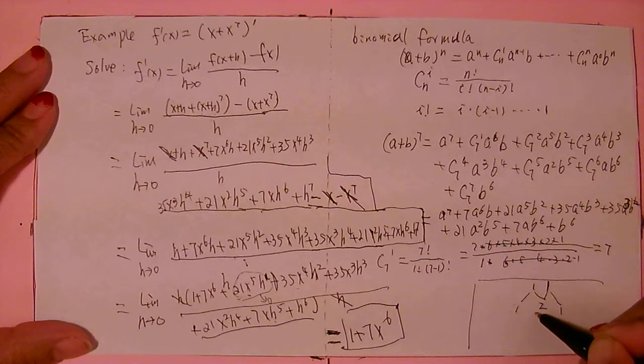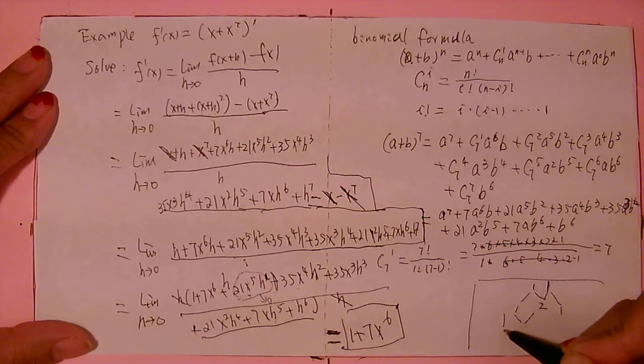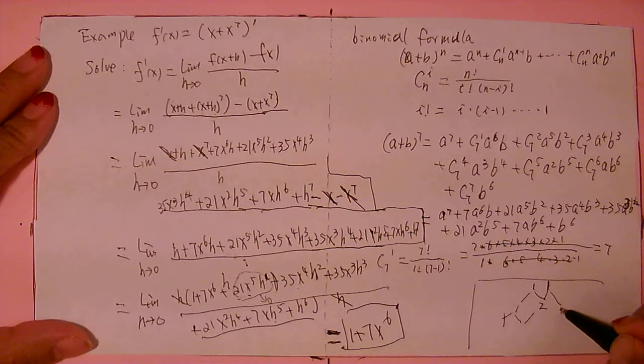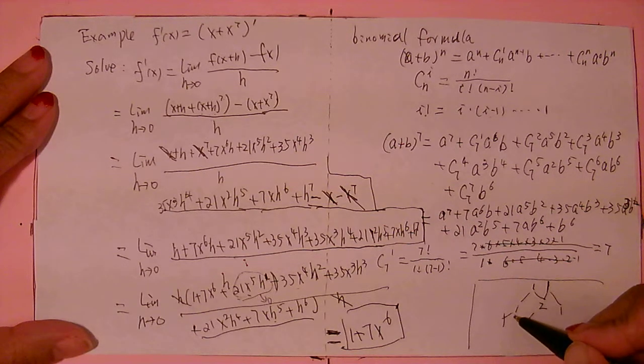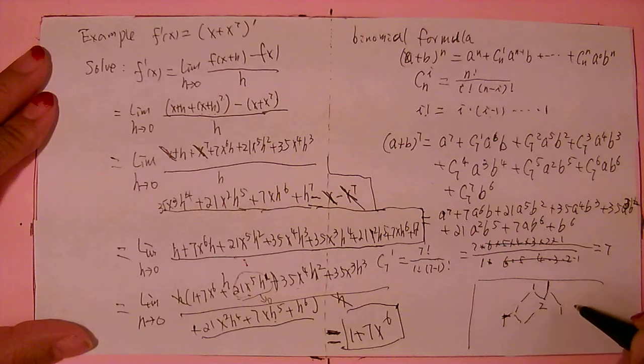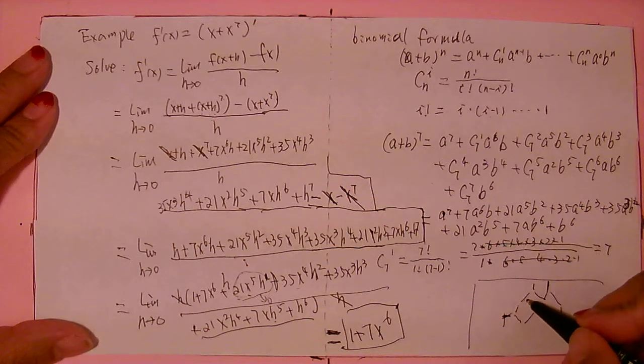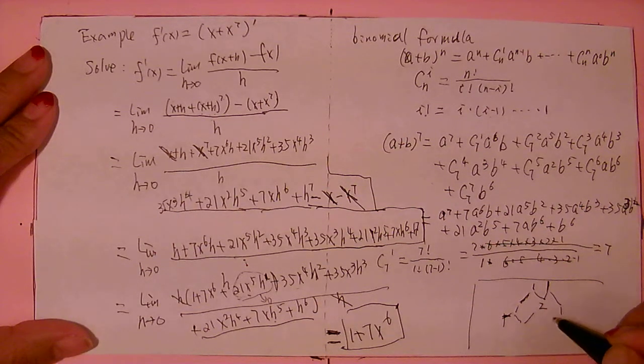So then you can go on here, put that 1 here, so that will be 1, then 3, 3, 1.